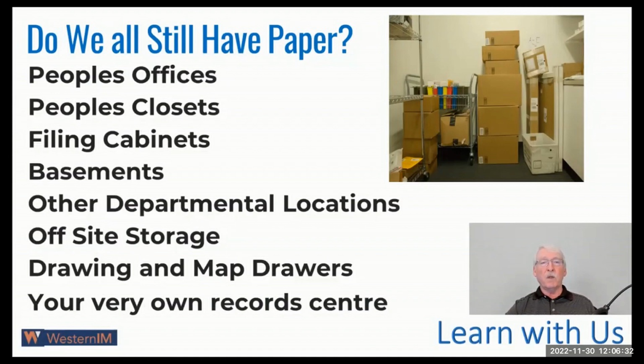Some people would have boxes in record centers and offsite storage, but no idea at all what's actually in the boxes, just box information. So we need to actually determine what's in those boxes, what's in those offsite storage areas, what's in those offices and closets and filing cabinets.